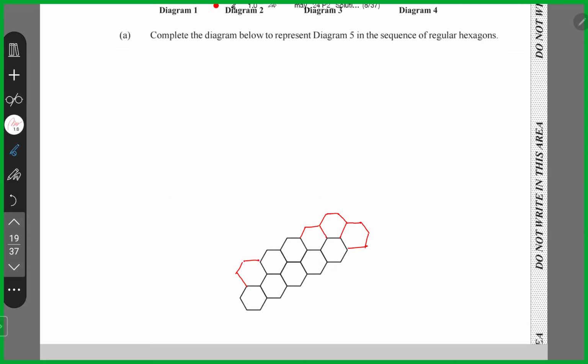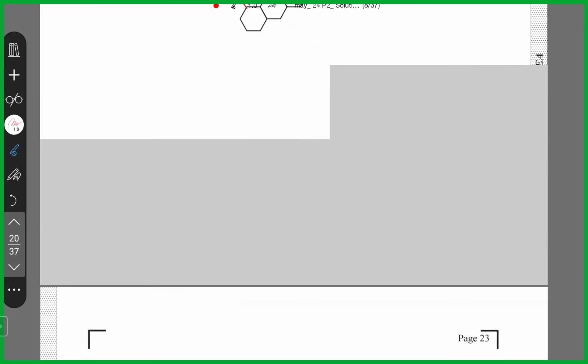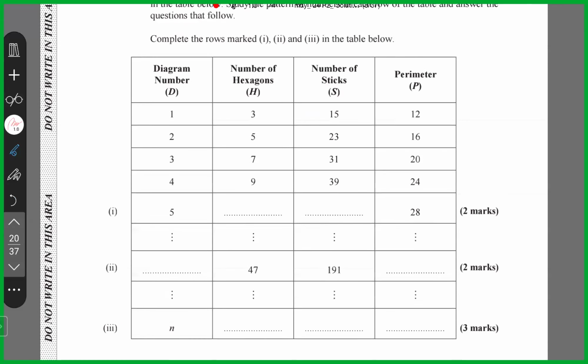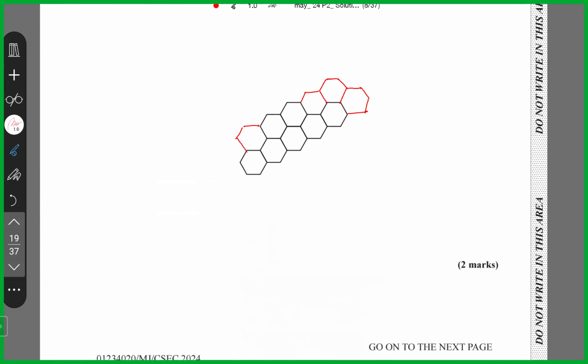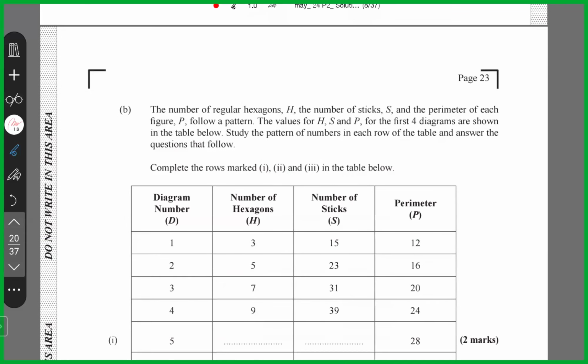All right, I guess it could be better, but I'm not going to spend a lot of time on that and not get some other marks. So this would be my figure number 5. Try and draw it as best as you can.